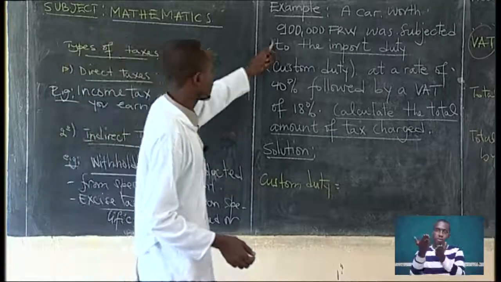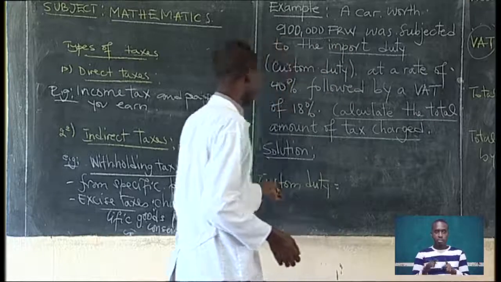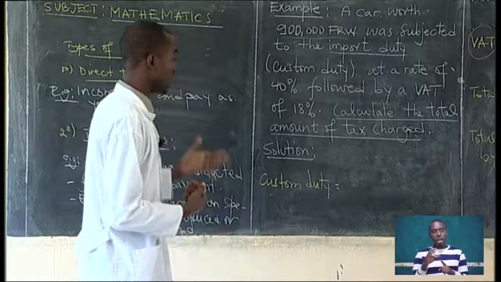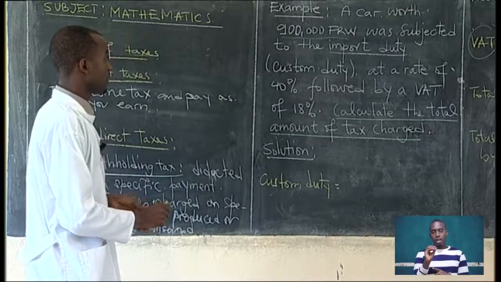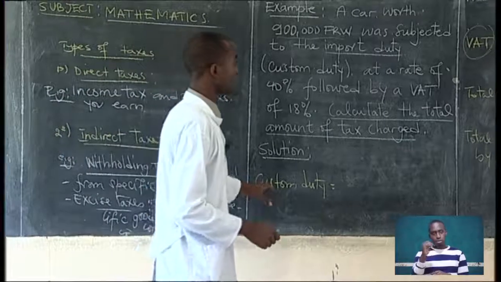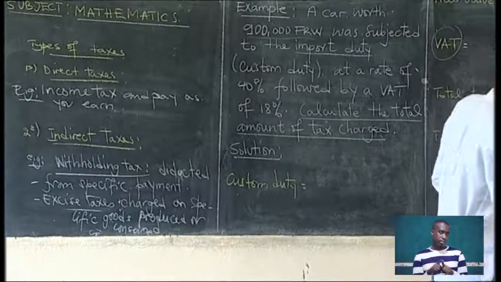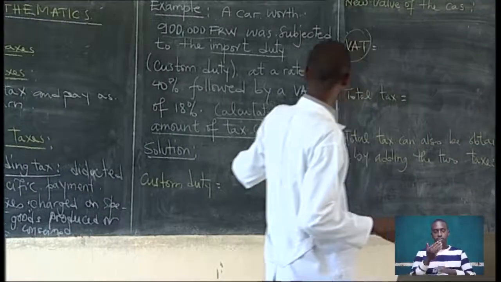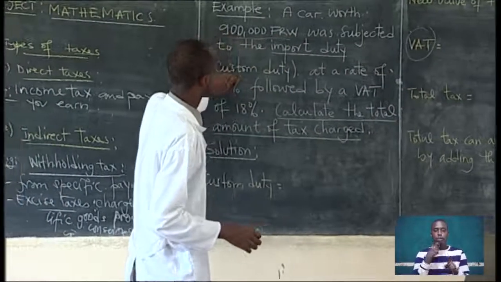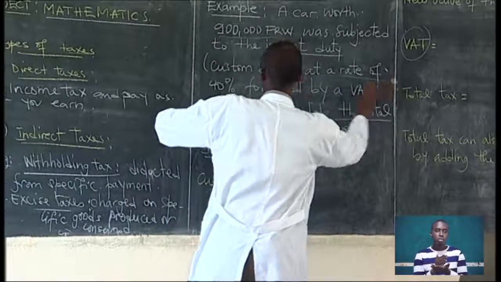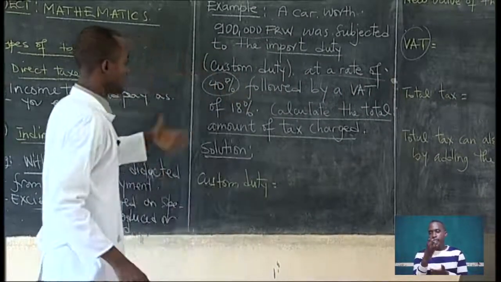And there was an amount of money of 900,000, as we call it, custom duty, as you can see it over there. And from here, we need to calculate and see the custom duty at a rate of 40%. You see?